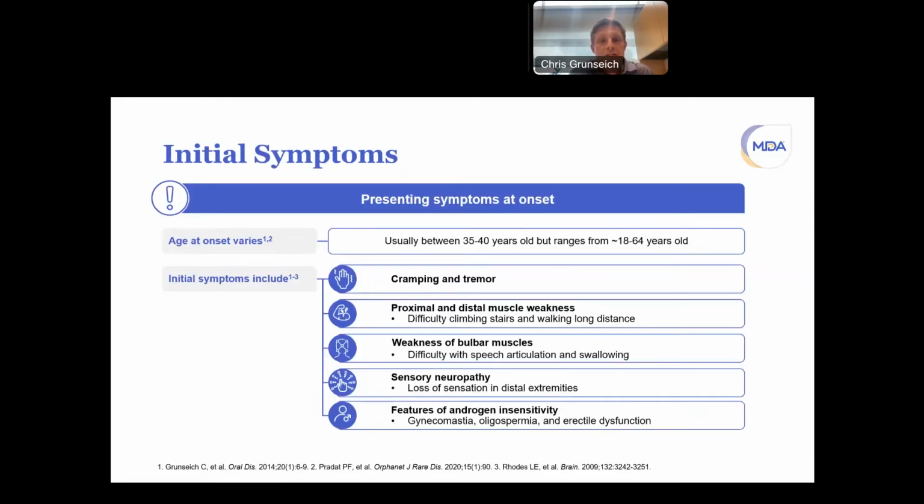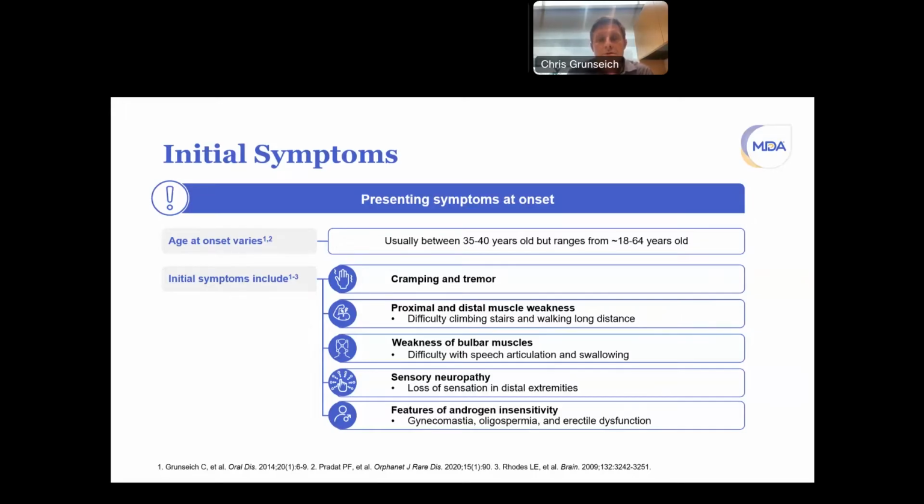This slide discusses some of the initial symptoms that patients can present with. Usually the symptoms will arise between the ages of 35 to 40, but there are extremes in this situation. Sometimes patients can manifest with symptoms as early as 18, and we have seen patients manifest with weakness in their 60s.